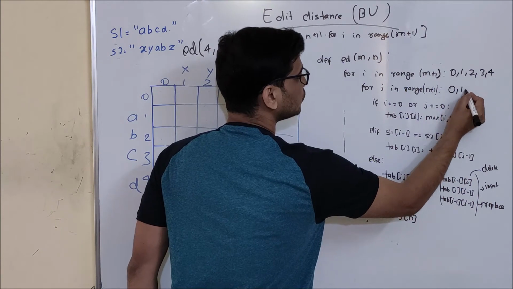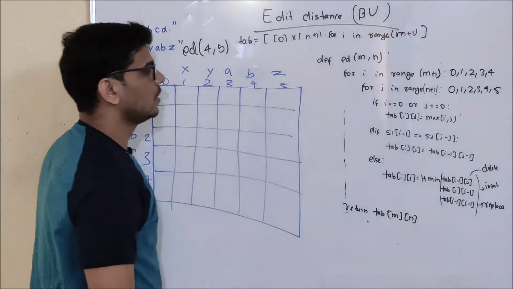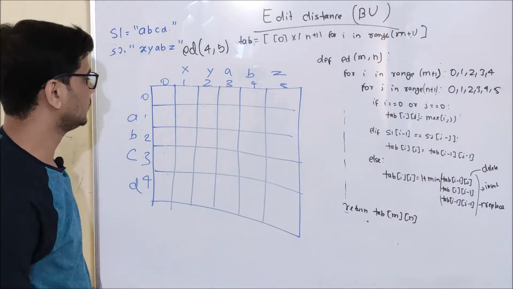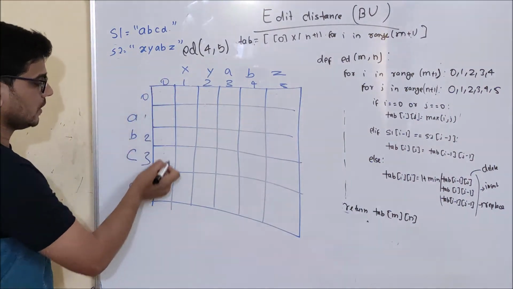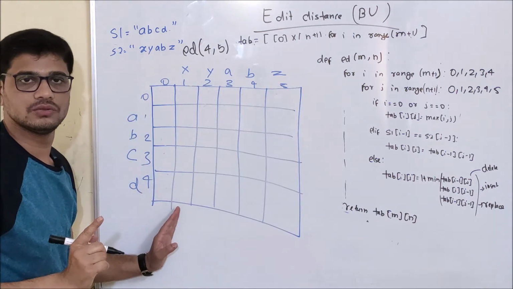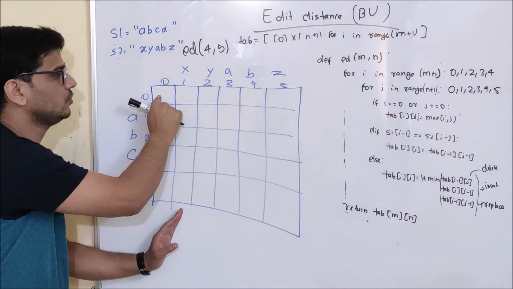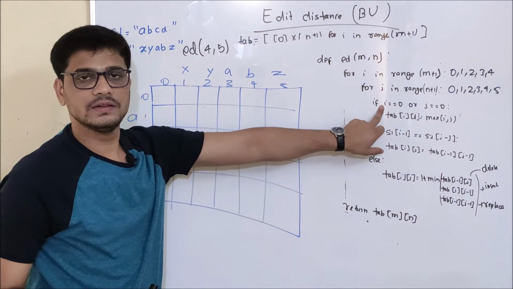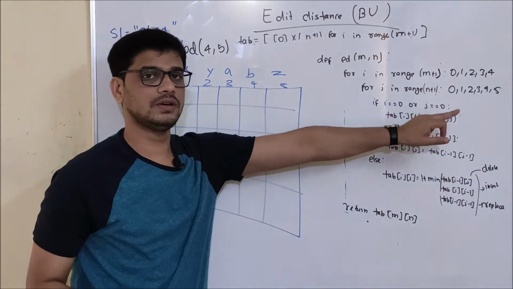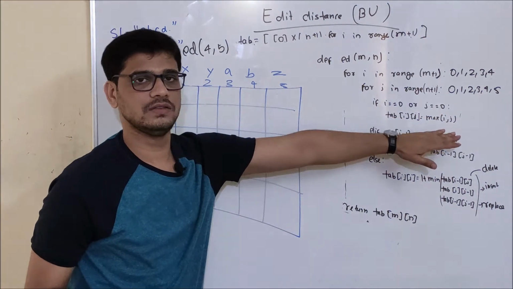So 0, 1, 2, 3, 4, 5. Now first of all, let's see one thing. See, in this particular column, j will be equal to 0, and in this particular row, i will be equal to 0. So if i is equal to 0 or j is equal to 0, what I am doing? In tab[i][j], I am updating max of i, j.